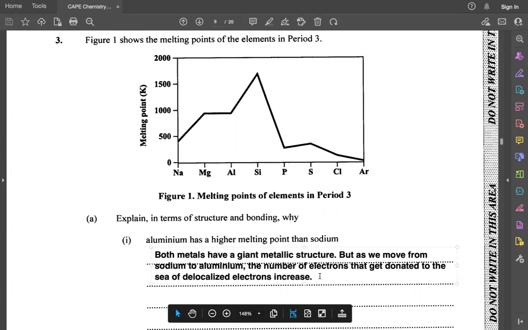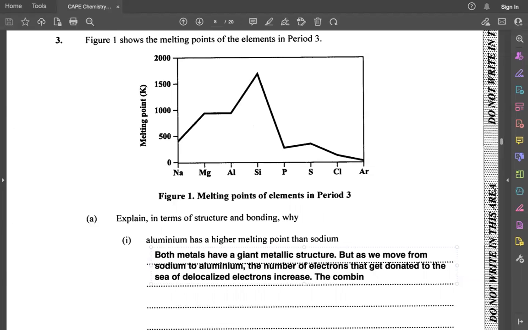And so the combination then of the increased delocalized electrons, so let's write that, the combination of the increased delocalized electrons and the ionic charge of Al, right? And that ionic charge is going to be a +3, right? It forms a +3 ion.